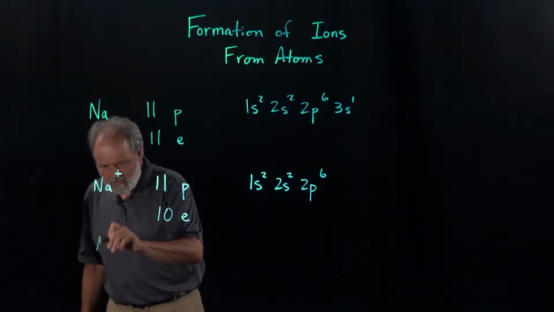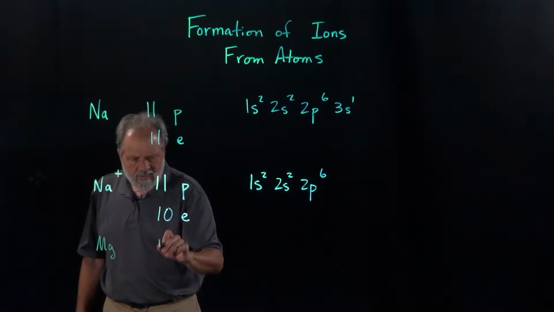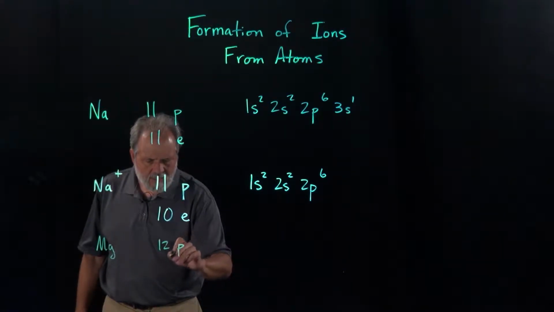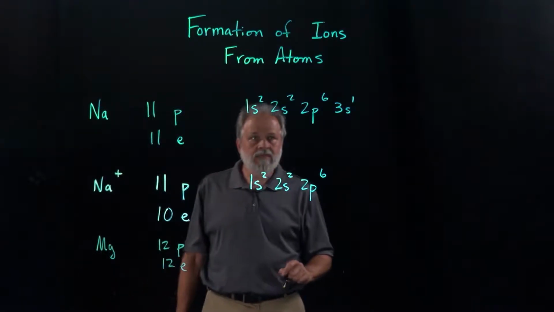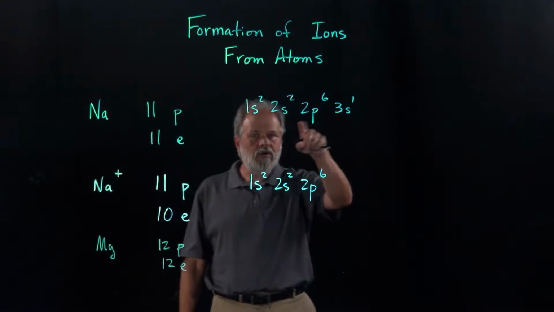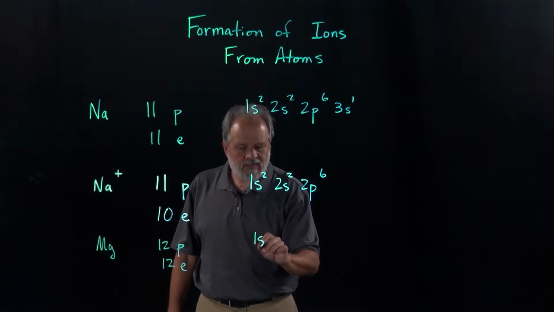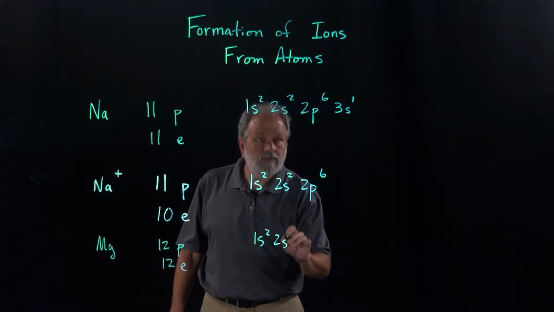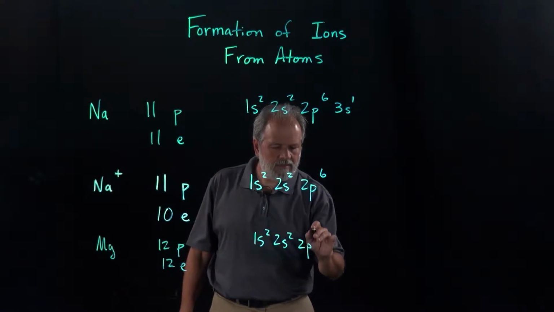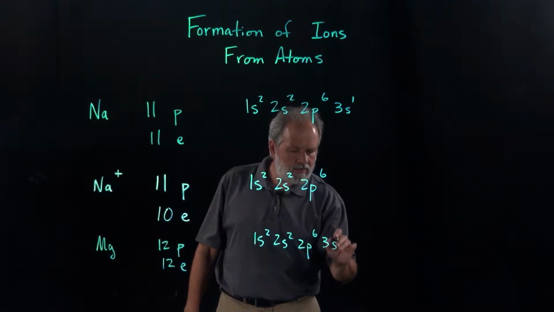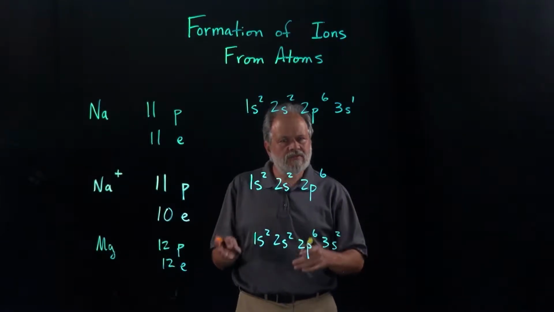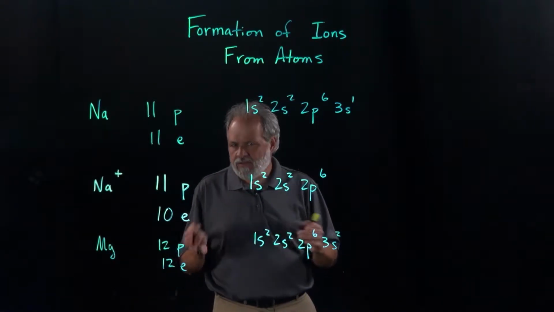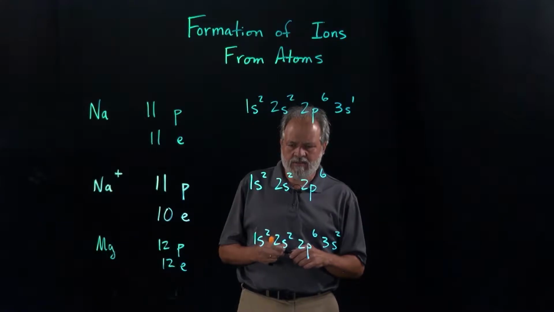Magnesium is after sodium, and it has 12 protons and 12 electrons. In electron configuration, it has one more electron, so it has 1s2, 2s2, 2p6, 3s2. Magnesium loses not just one electron, but also the second electron as well.